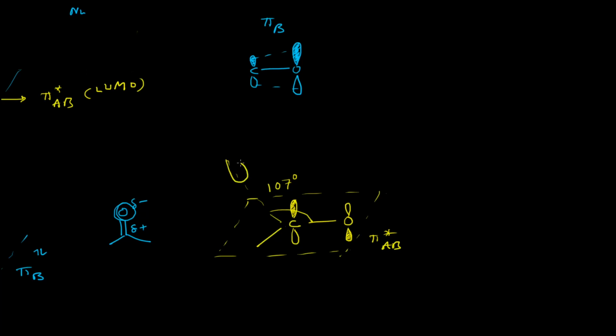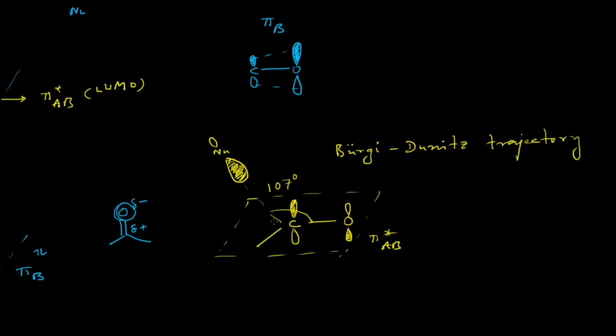So this will be our new trajectory, and this trajectory is known as the Bürgi-Dunitz trajectory.